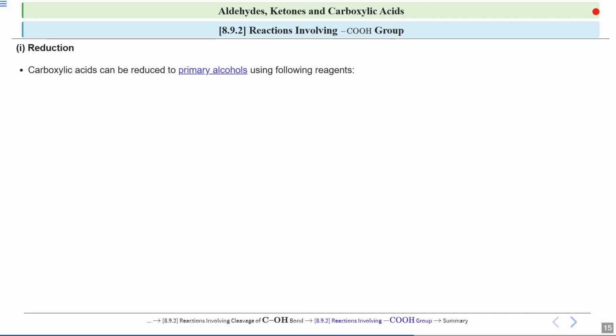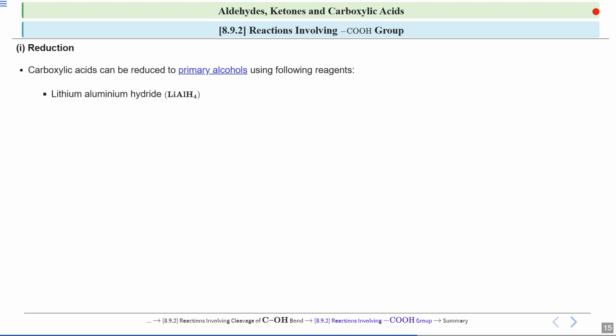First, carboxylic acids can be reduced to primary alcohols using specific reagents. The first reagent we use is lithium aluminium hydride, LiAlH4. This is a powerful reducing agent and can effectively convert carboxylic acids into primary alcohols.